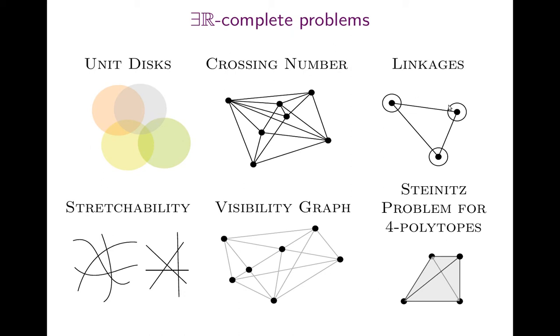So I show you all these problems in order to make you aware that this is not an isolated phenomenon, but several geometric problems are likely not to be in NP, and this class existential-R seems to capture this hardness very nicely. And all these problems have something in common. They ask for the existence of some geometric objects.